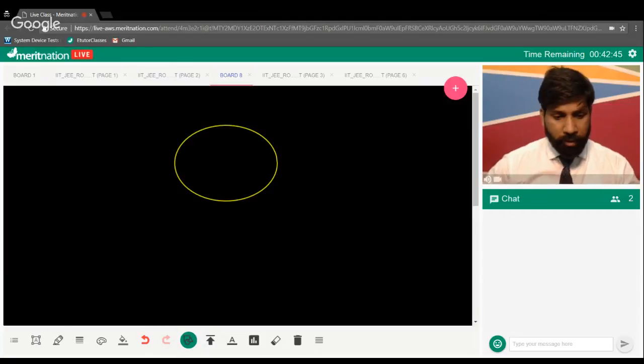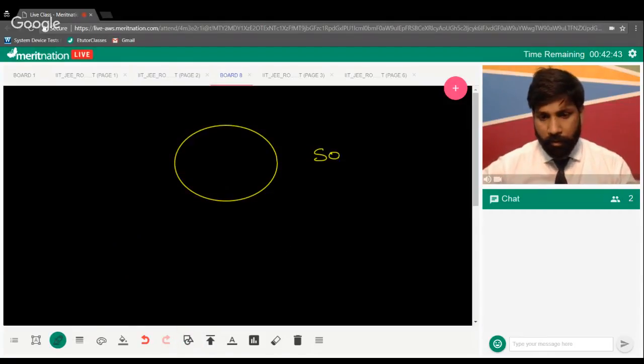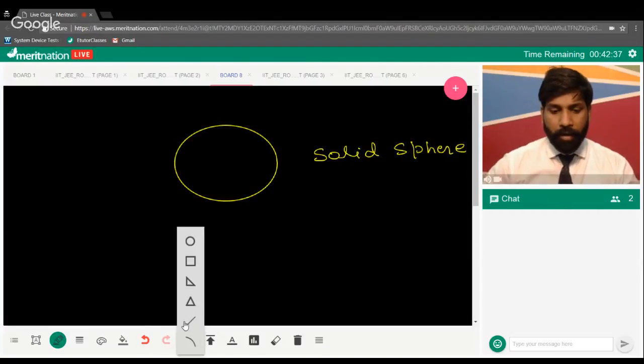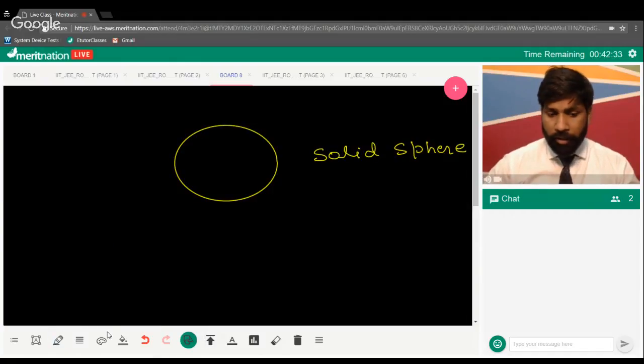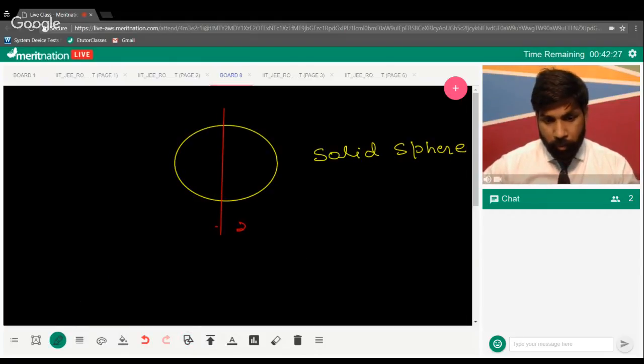Suppose this is the solid sphere. And you know very well, the moment of inertia of a solid sphere about its axis is 2 by 5 mr square.